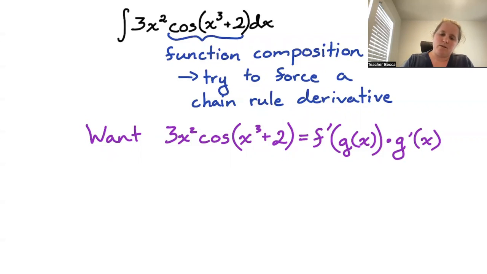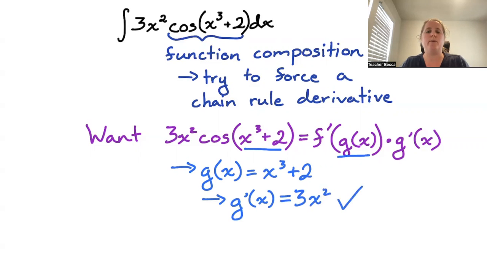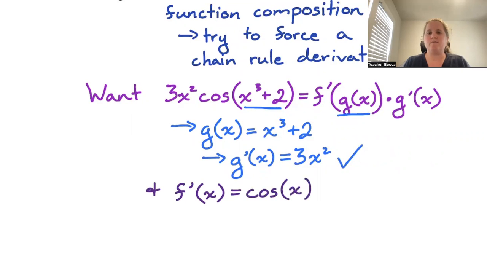So our g of x here would have to be that x cubed plus 2. And so our g prime of x does in fact equal 3x squared, which is exactly what we would want. And then our f prime of x would be the outside function, cosine of x.